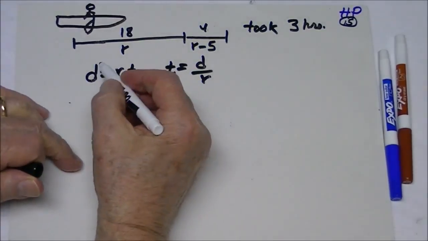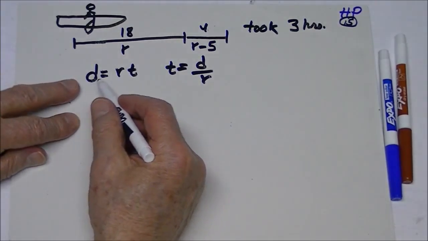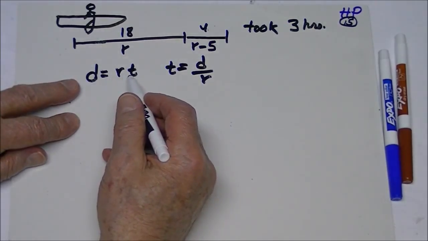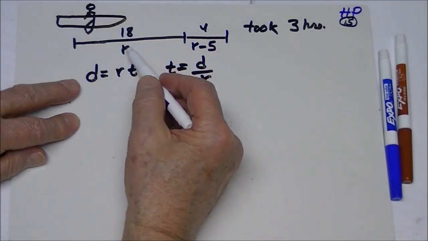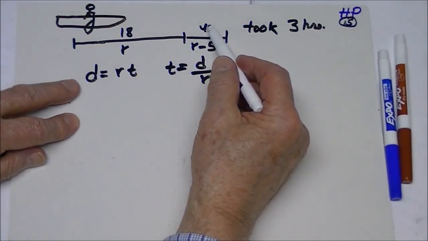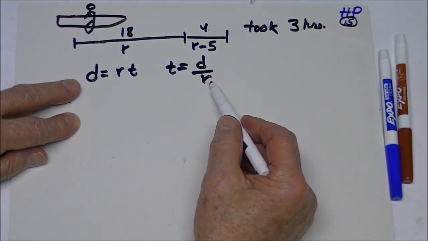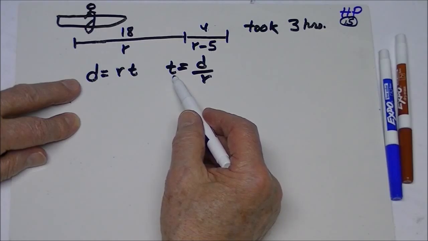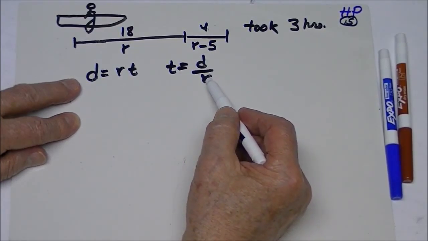Now, our basic formula is the distance formula, in which we know distance equals rate times time. But we know distance and rate. What we want is time. Time is distance divided by r.